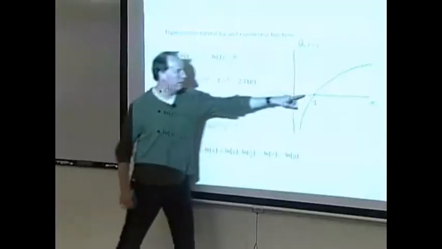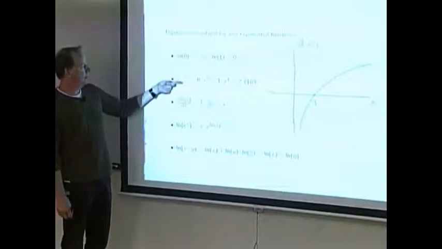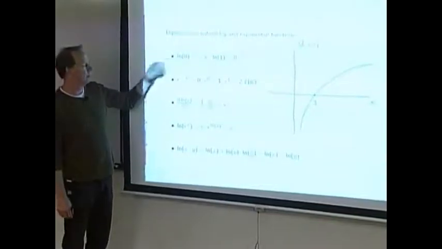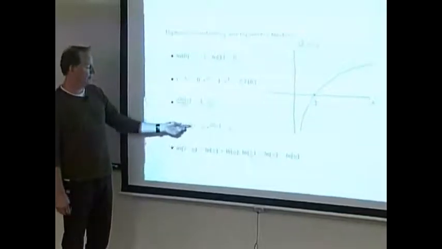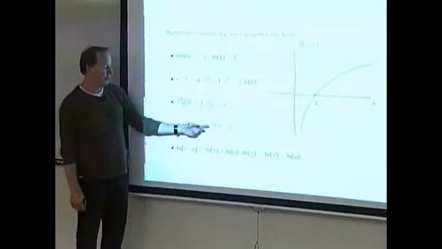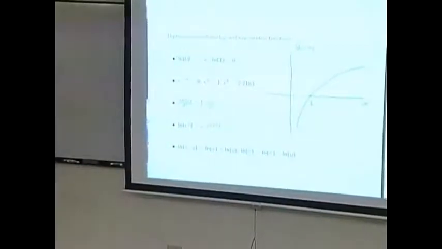The logarithm of 1 is 0. The exponential function is the inverse of the logarithmic function, which means when you take the logarithm of the exponential of x, you get back x. And if you take e to the logarithm of x, you get back x. The exponential function looks like this, and so this would be e to the x.